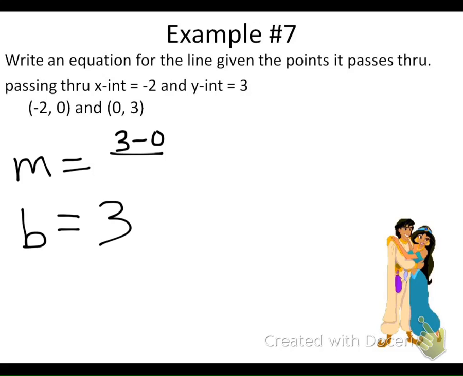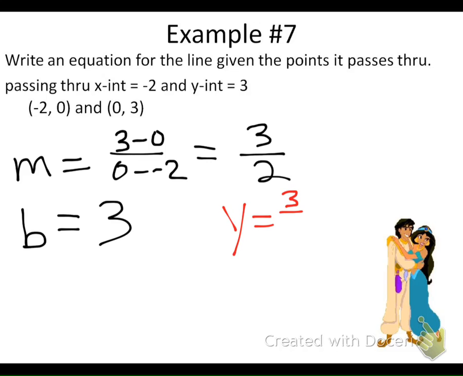So 2 minus 0 over 0 minus negative 2. Careful on your signs here. I know I've seen students mess this part up. So just be aware of that. So y equals, we already found the m, x, and they gave us b.